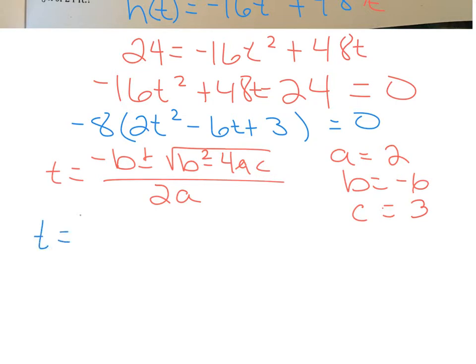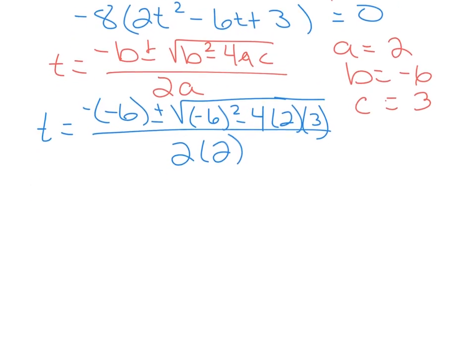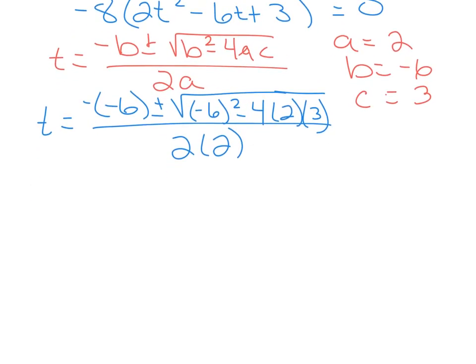So negative b, again with the double negatives, b squared minus 4 times a times c over 2 times a. Simplifying, these double negatives here make a positive 6. 6 squared is 36.